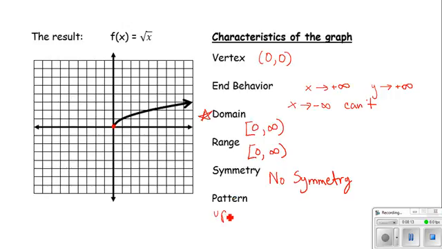So now if I go up 1, I'll go over 1 squared. If I go up 2, then I'll go over 2 squared. So I go up 1, I go over 1. If I go up 2, 2 squared is 4, so I go 1, 2, 3, 4. It's the same pattern, we're just turning it on its side now instead of putting it up and down.